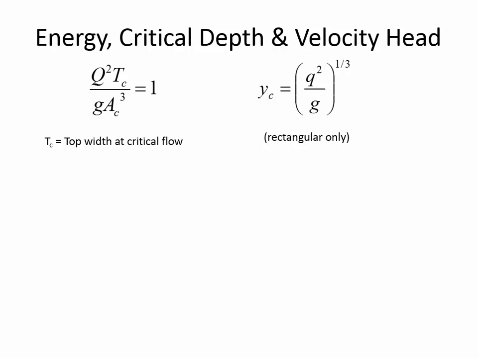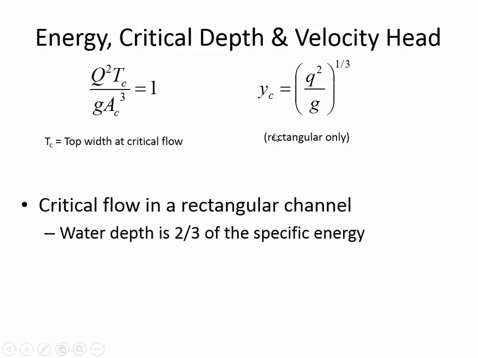All right, let me just refresh your memory that you can calculate the critical depth for any channel using this formula, but rectangular only for this simplified version of it. One of the unique things is that when you've got critical flow, the depth is 2/3 of the specific energy.